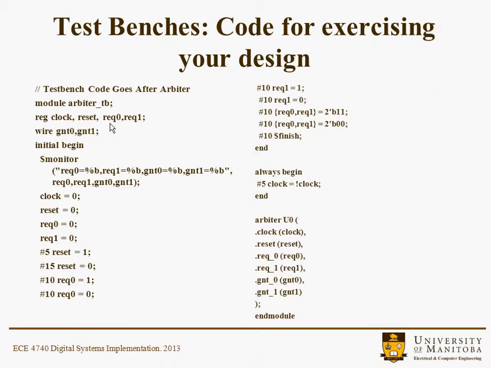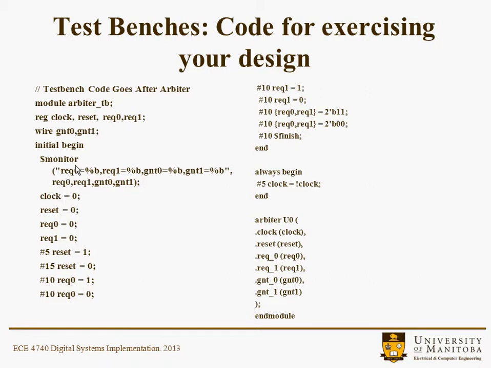It has the clock, reset, request 0, request 1, has wire signals, grant 0, grant 1, and it has an initialization and a begin. So in this case, you're saying I want to monitor request 0, request 1, grant 0, grant 1.